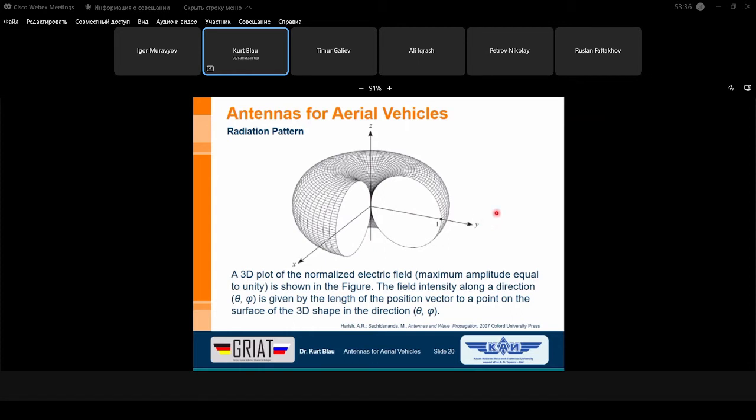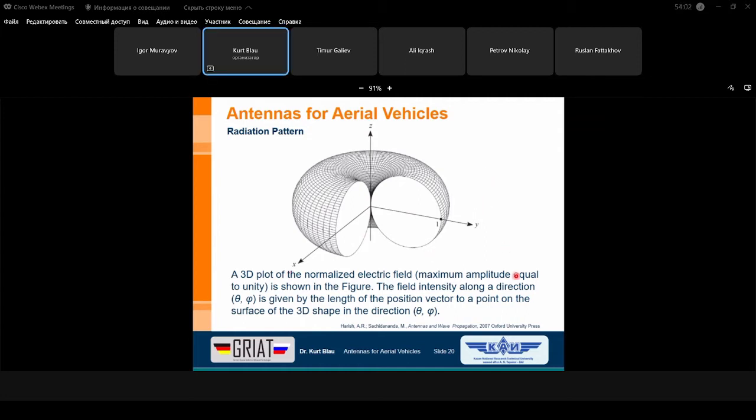And because it's normalized to the maximum, we can also write here on the y-axis or on the x-axis the magnitude 1. And in this way, it's not necessary to fly with a drone around the Hertzian dipole. We can determine this diagram in this, let's say, more or less very simple way.